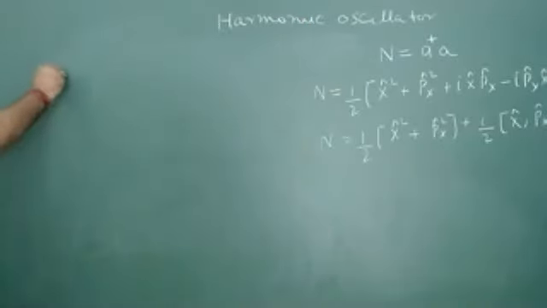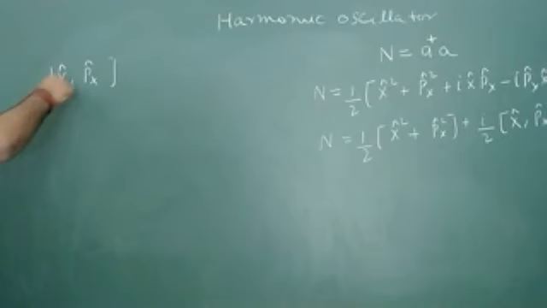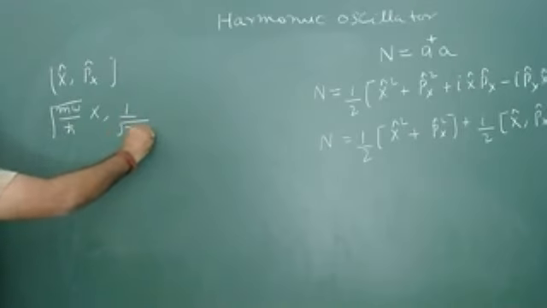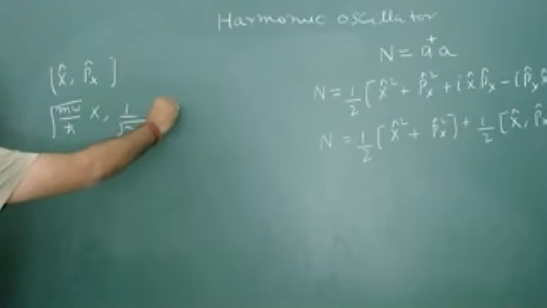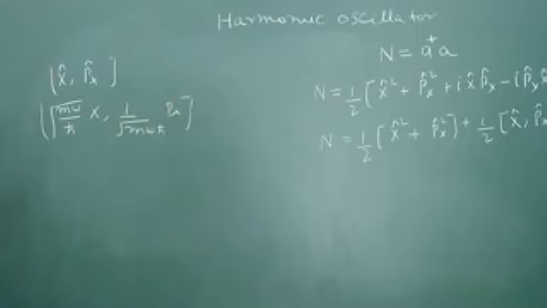So what we have is x cap and px cap. We can write x cap in terms of x. So how will we write it? This will be root under m omega upon h cut times x, and this will be 1 upon root under m omega h cut times px. I can write this from the earlier notation that we have taken.